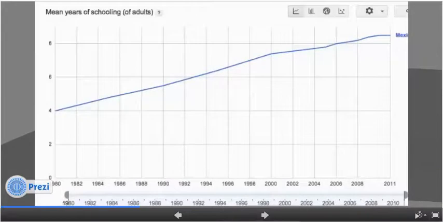Okay. So this next graph, I also found on Google public data sets, and the website's very useful to providing us this information that we can't always easily access.